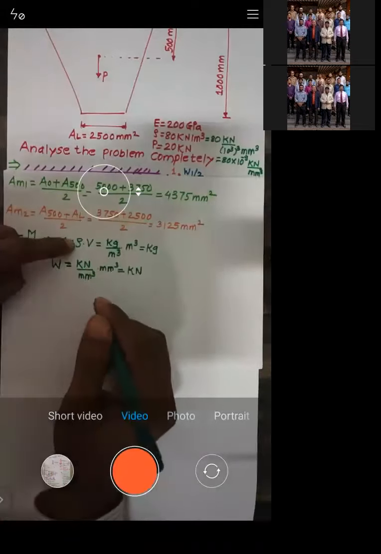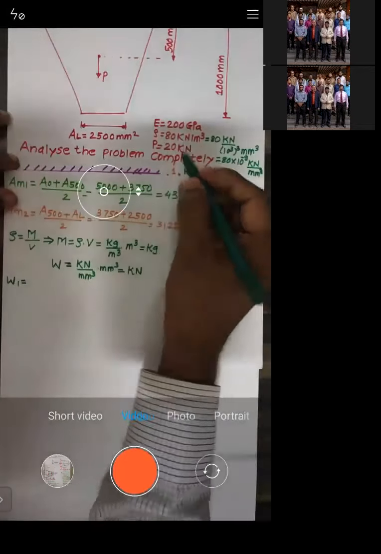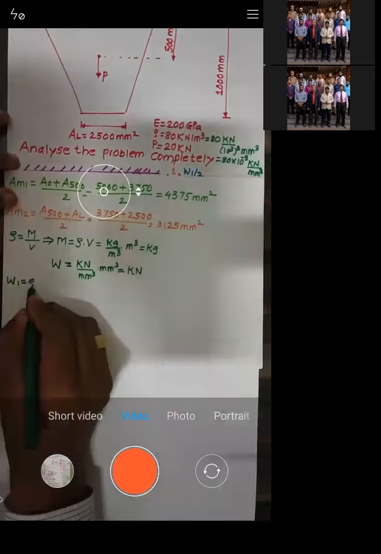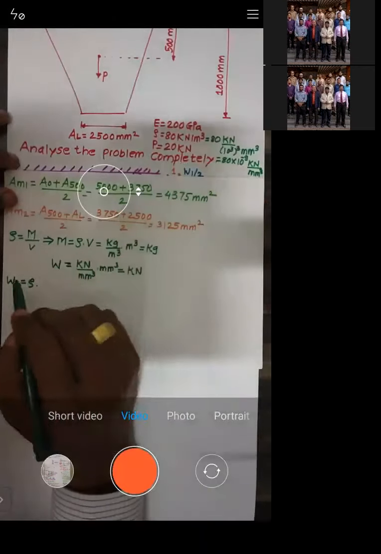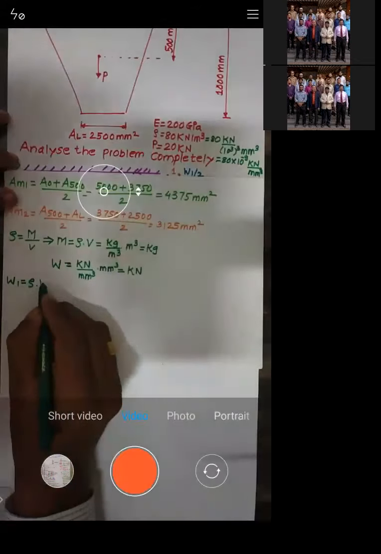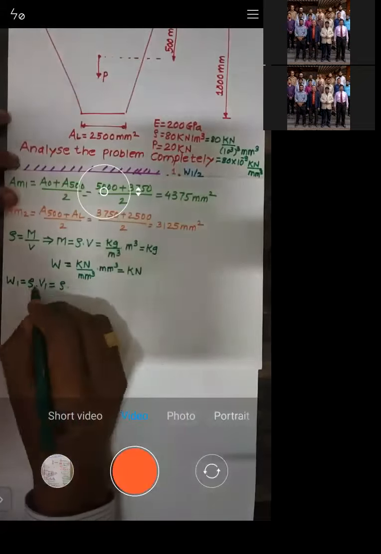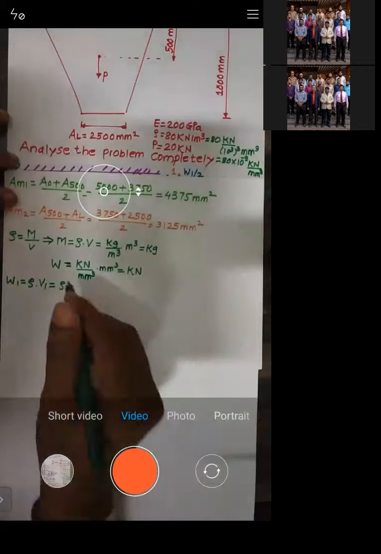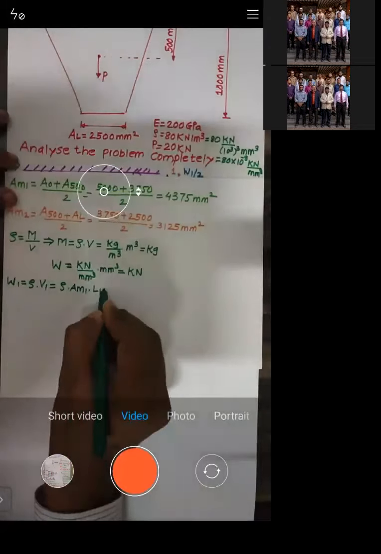I will write down W1, the weight of element number 1. To calculate it, I should have density, and we have a single material, so density will remain the same. Weight is given by density rho into volume V1, and volume is nothing but area into length. So I will write the mean area of element number 1 into the length of element number 1.